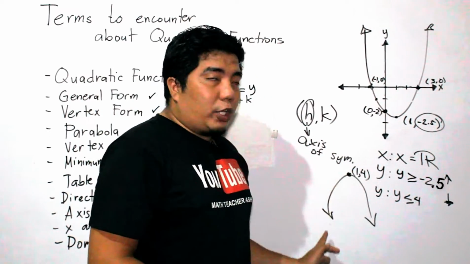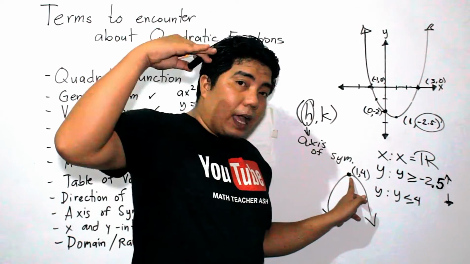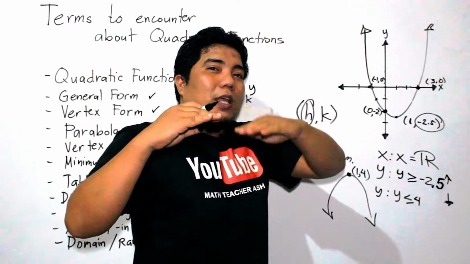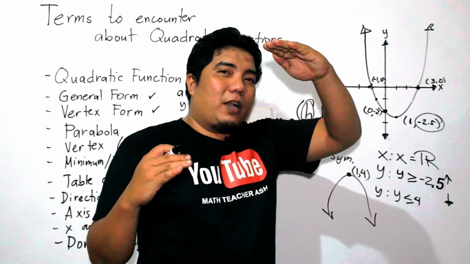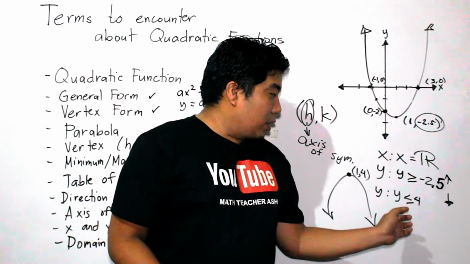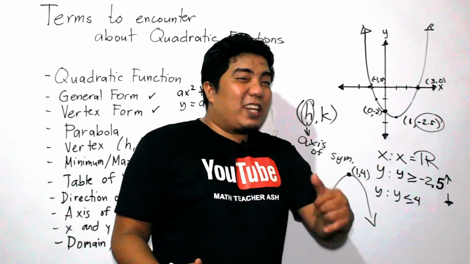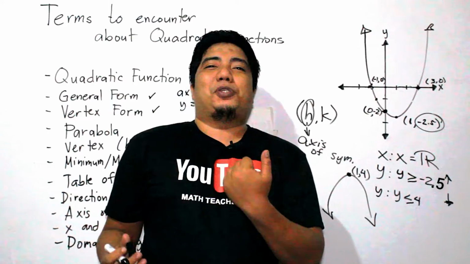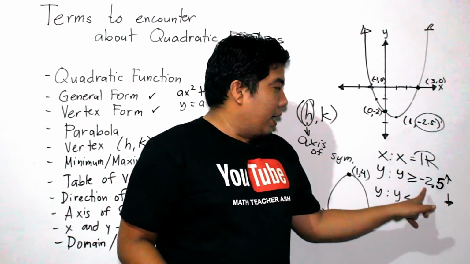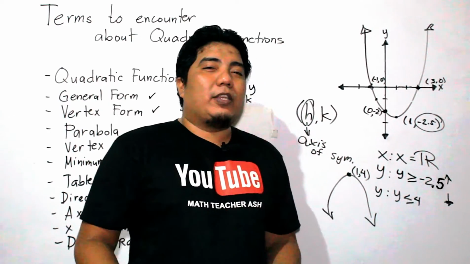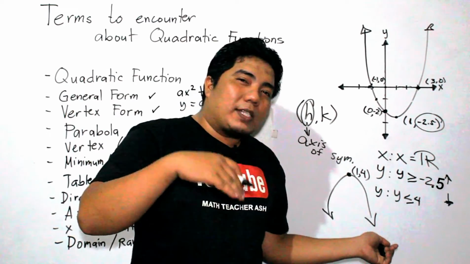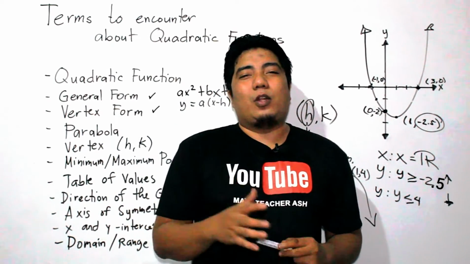Because the turning point of this parabola is at 4, but it will never go up, right? So the maximum is 4, and all of the numbers below are part of y. So, those are 3, 2, 1, 0, and negative numbers. While if it opens upward, it will be higher, so we use greater than or equal to. While if it opens downward, we will use less than or equal to.